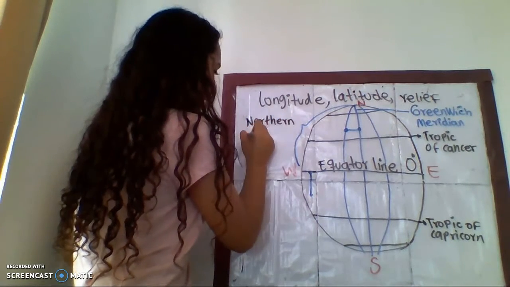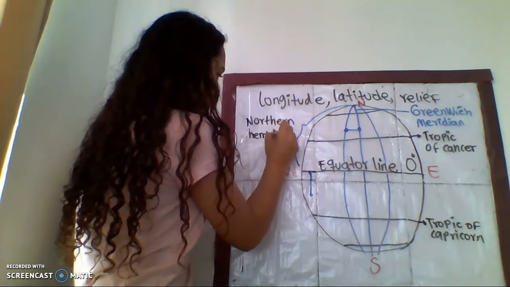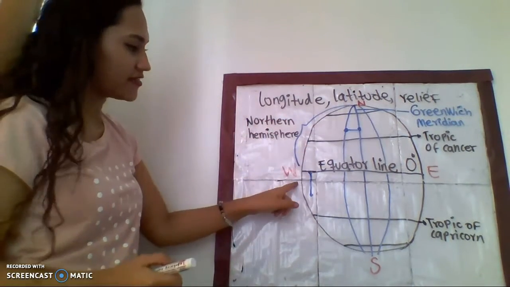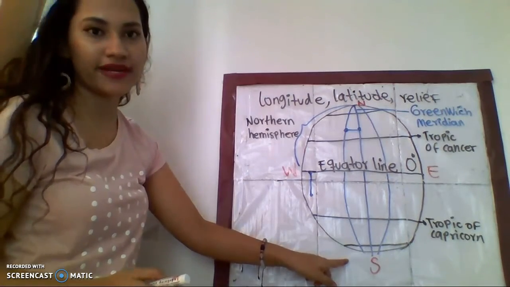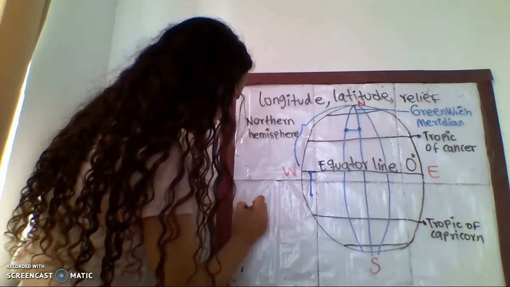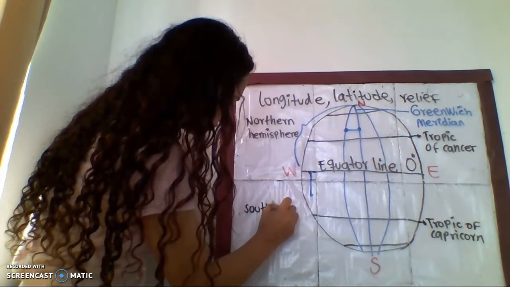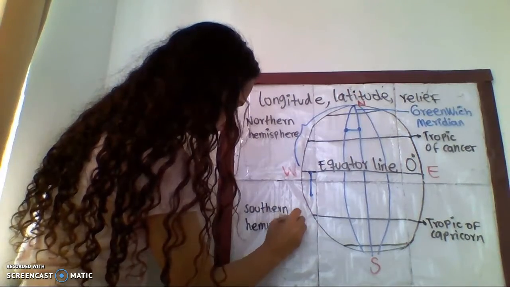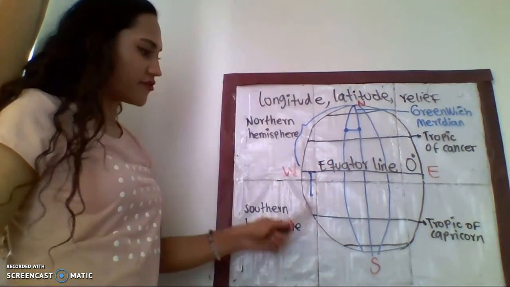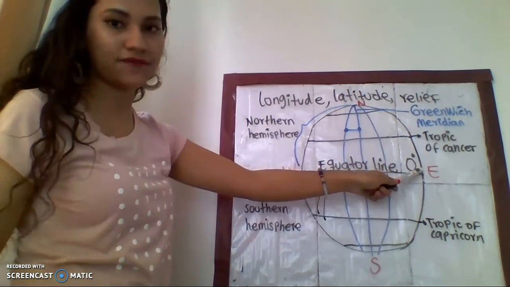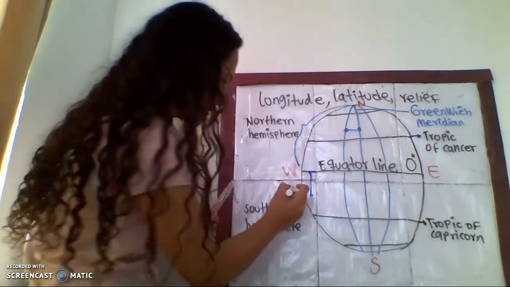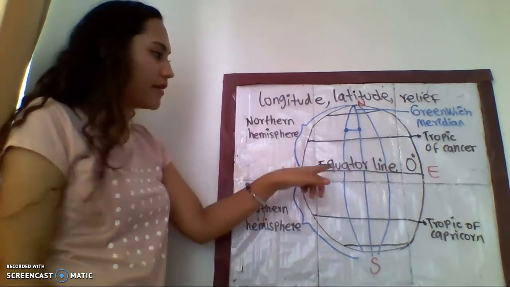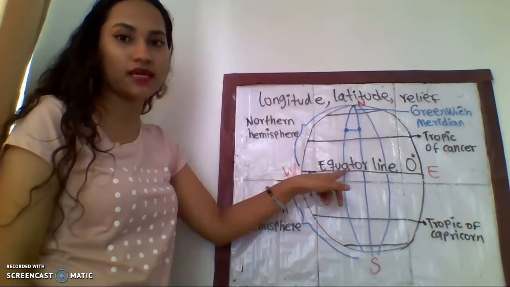This is the northern hemisphere, and this is the southern hemisphere. Two hemispheres divided by the equator line. This is the equator line.